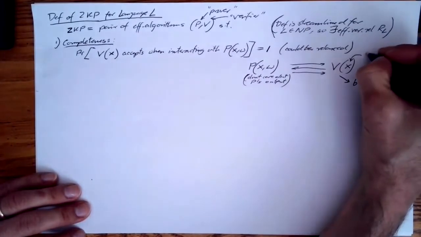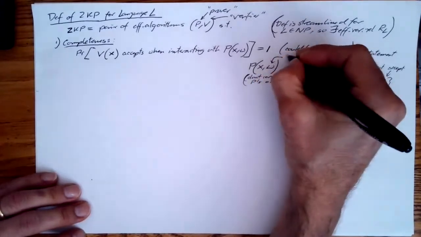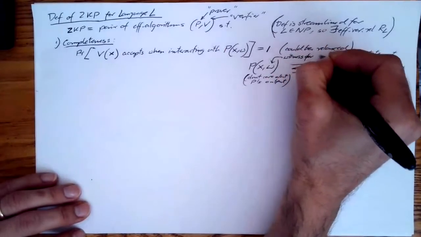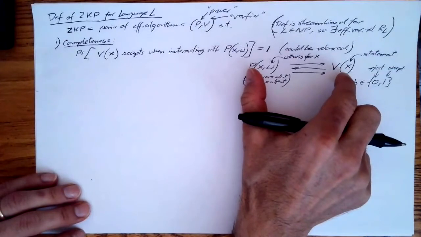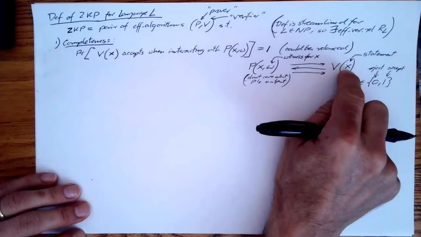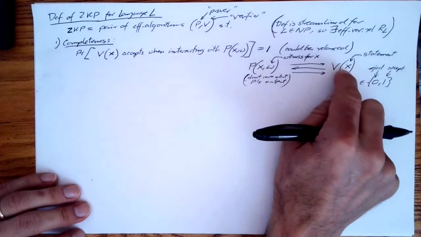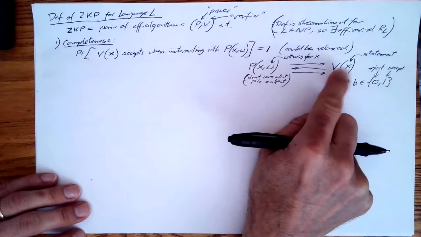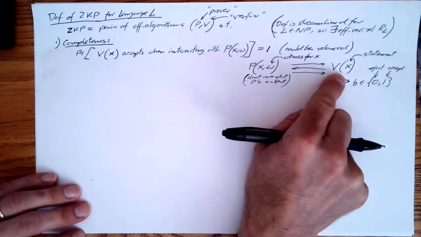X is a statement, and W is the witness for this statement. In the examples we've seen on the previous slide, X could be a formula for which the verifier locally does not have an efficient algorithm that would decide whether the formula is satisfiable or not.